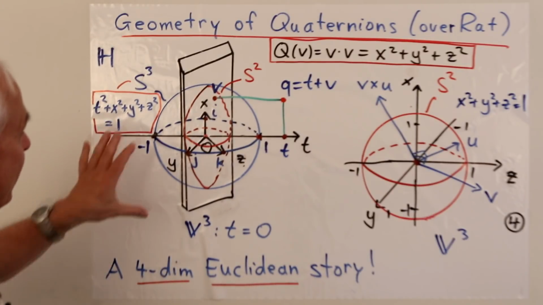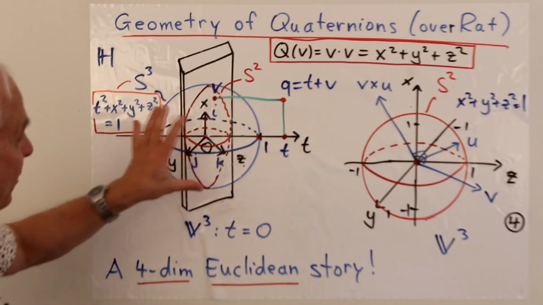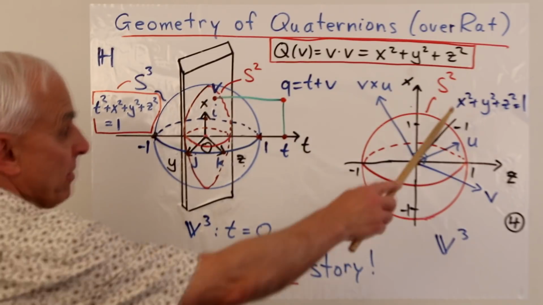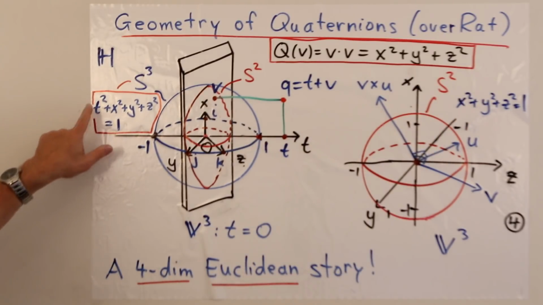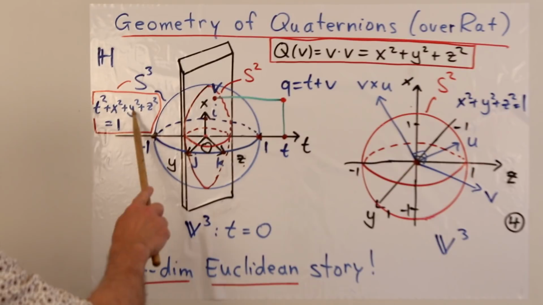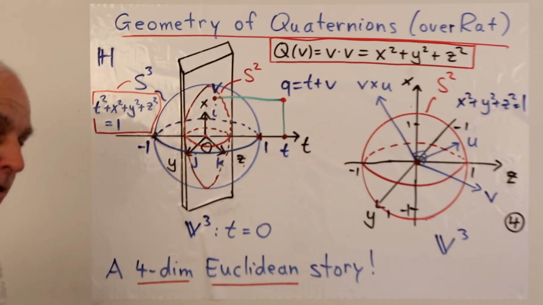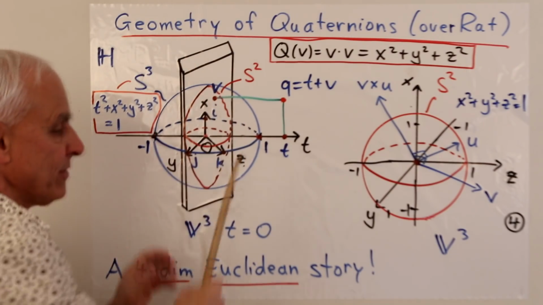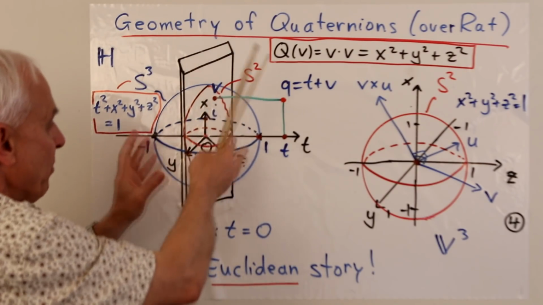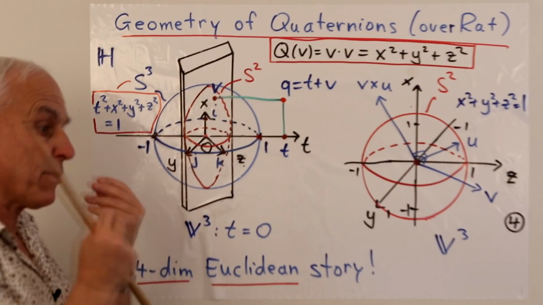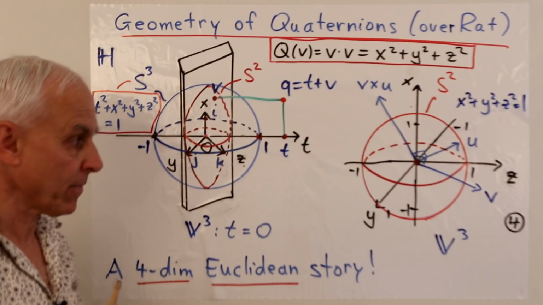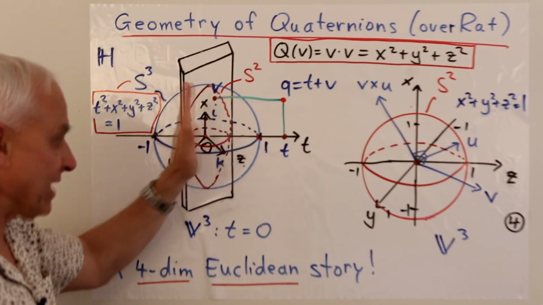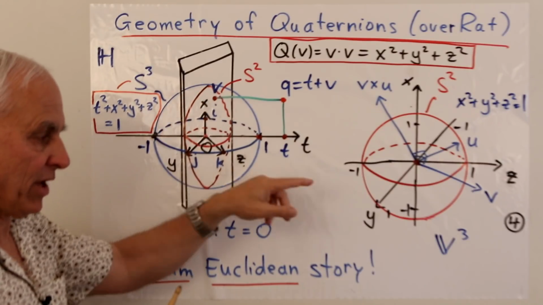So the sphere in this 4-dimensional space has an equation very parallel to this, except there's one more variable: t squared plus x squared plus y squared plus z squared equals 1. And I'm drawing it loosely as this blue ball here. But it's actually a 3-dimensional sphere. And inside it, when we slice it like this, we see a 2-dimensional sphere like this.